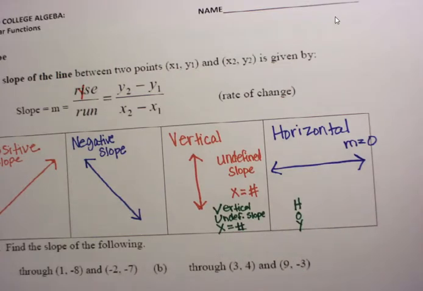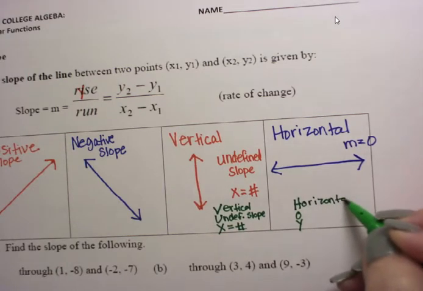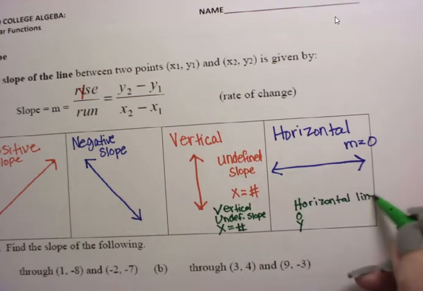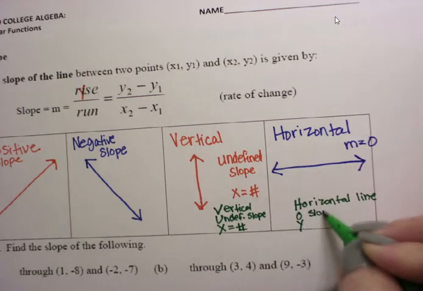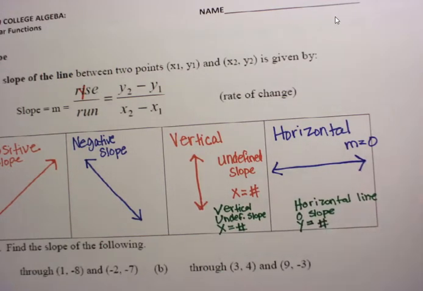Bucks, and then hoy, horizontal line, a 0 slope, and your equation is y equals a number. So you will hear me say throughout the course, probably, I might randomly scare you and say, "What's hoy?" And that's why, trying to get you to remember those lines, vertical and horizontal.